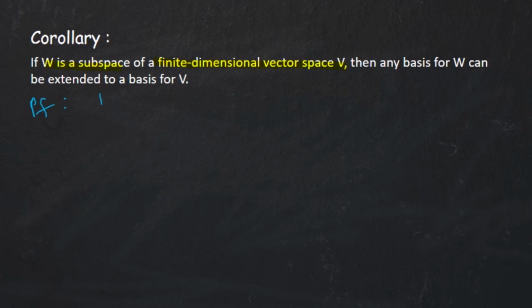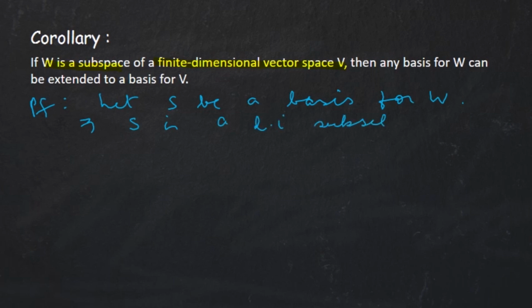So we let S be a basis for W. Now this implies S is a linearly independent subset of V. Right.